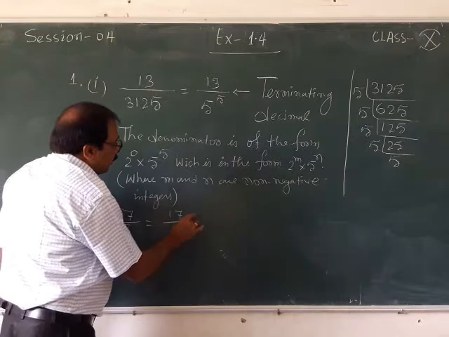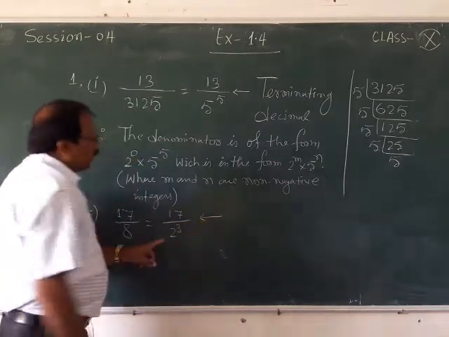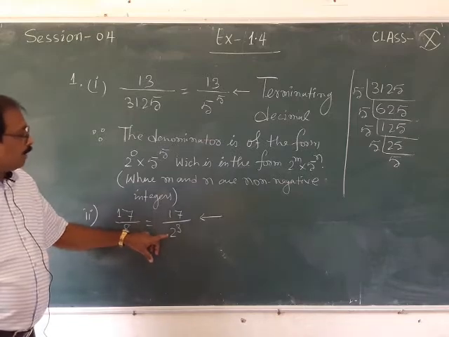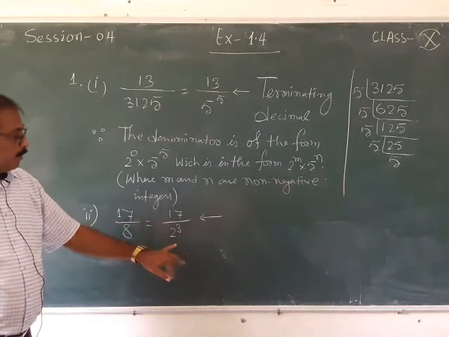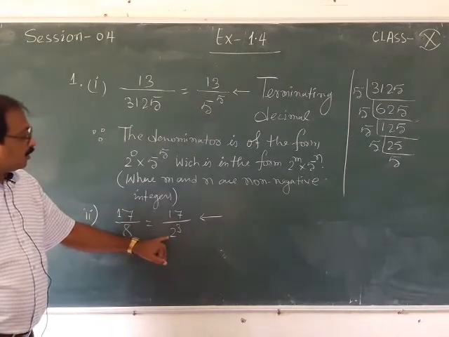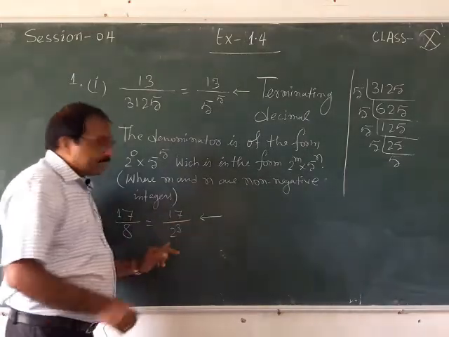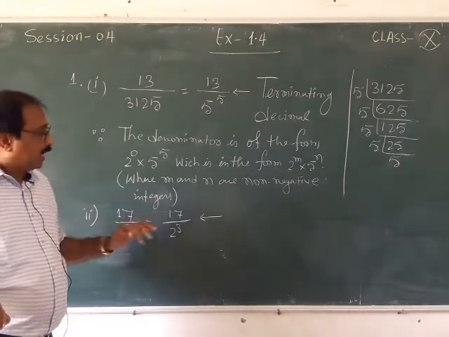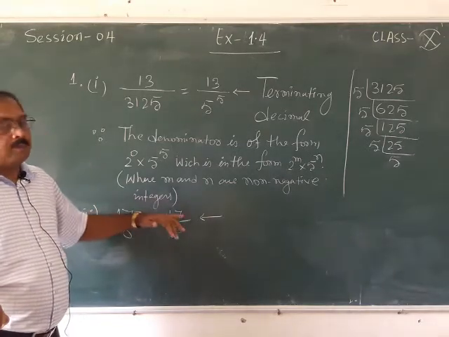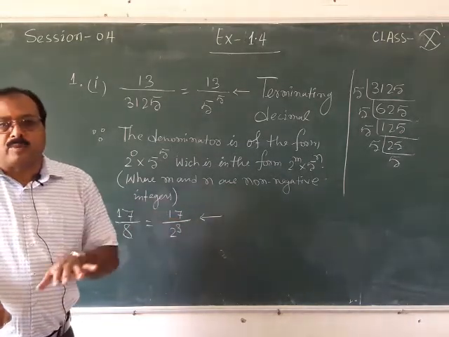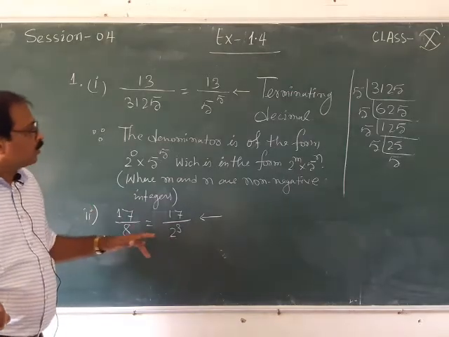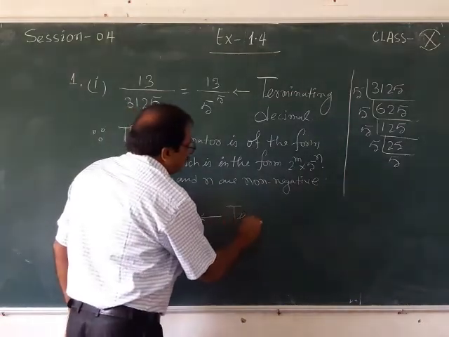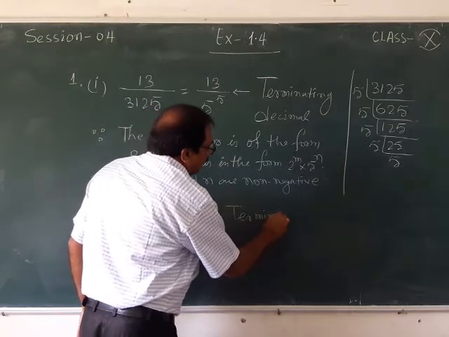That means this number also has the form 2 to the power m into 5 to the power n, because it can be written as 2 to the power 3 into 5 to the power 0. So you can say that it is also a terminating decimal.